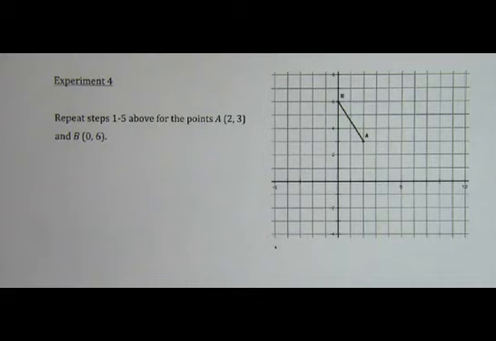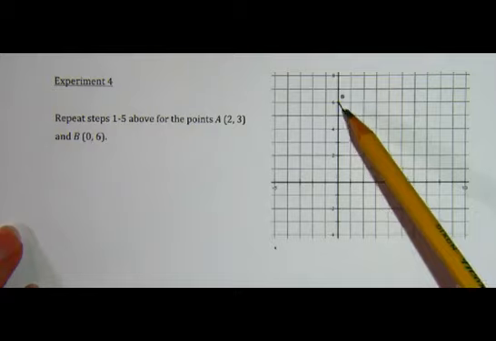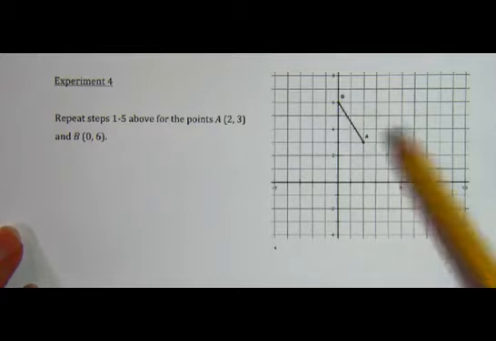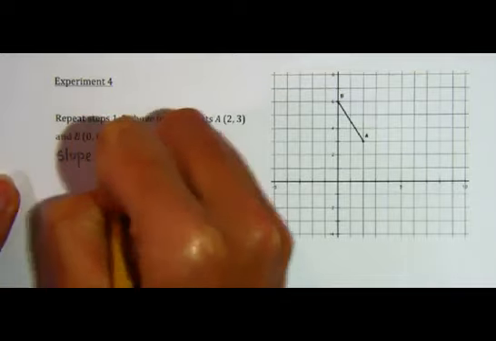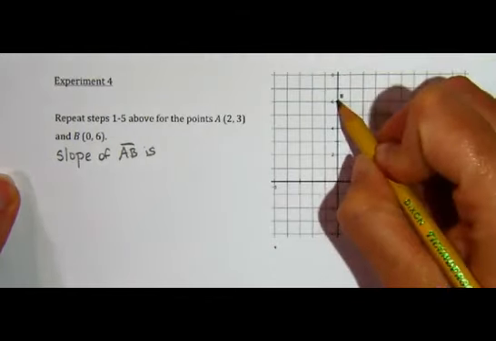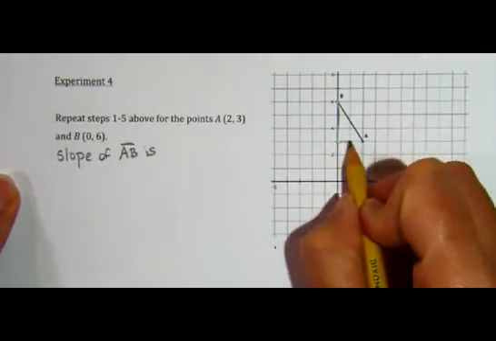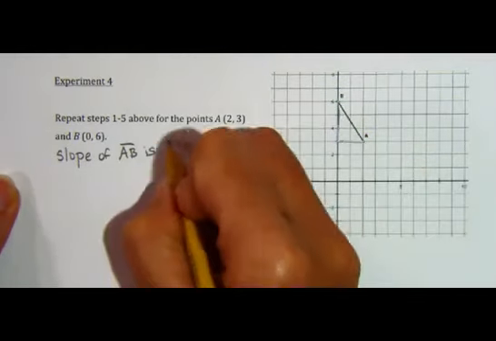Let's take a look at experiment 4. We're going to repeat the steps that we did in experiment 1 for the points A at (2, 3) and B at (0, 6). The slope of AB we can find by doing rise over run. So rise -3, run 2.